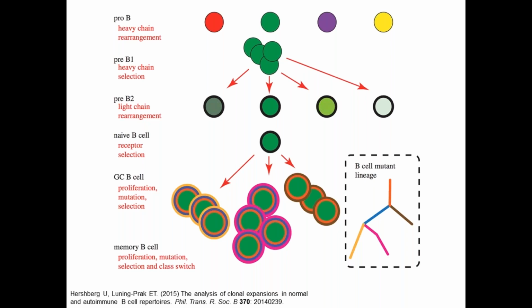Then during an immune response, there's proliferation and introduction of accumulated mutations, mainly in the CDR regions, represented by these circles, and they can happen in different directions. From this, you can get a lineage tree, like so. So what we're doing in this pipeline is to sequence the immunoglobulin genes from a sample, and then try to reconstruct what these lineages are, visualize them, and apply different analysis techniques to them.